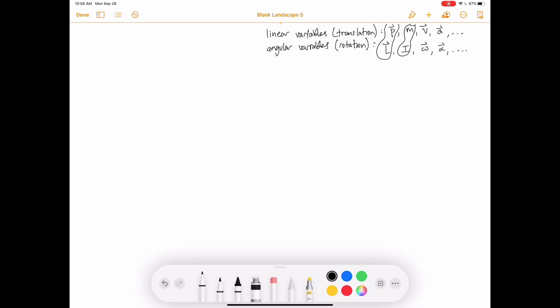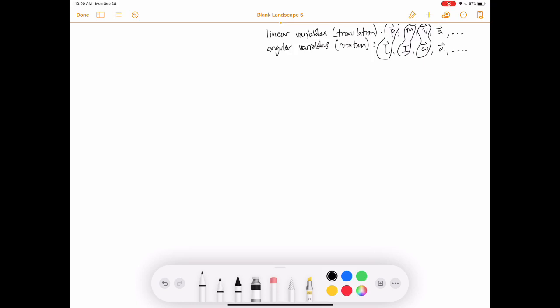If an object has a lot of moment of inertia, if I is very large, that's telling you it's going to take a lot of torque to get it to start rotating. So these are similar types of quantities. And v and omega are closely related. v is more or less just telling you how fast something is moving, and omega is telling you how fast something is rotating. And there's a direction to each one of these, of course.